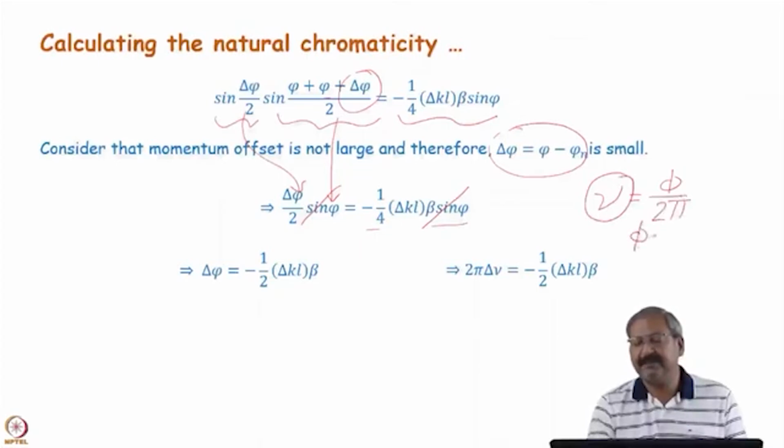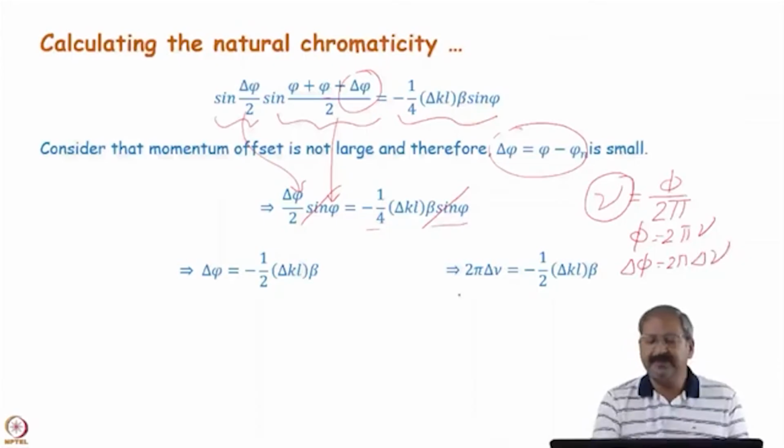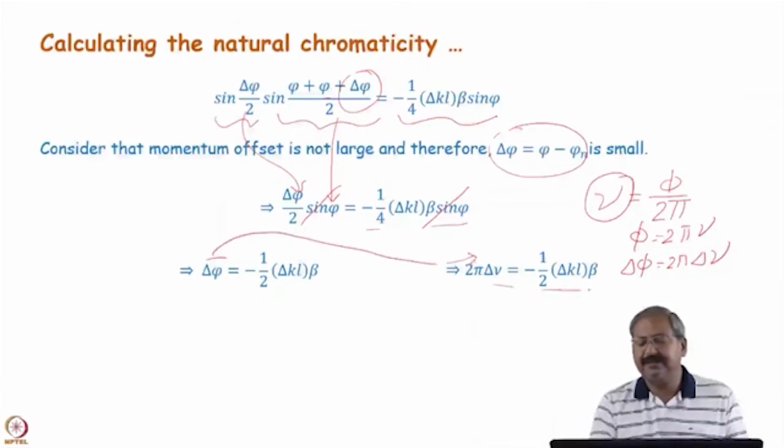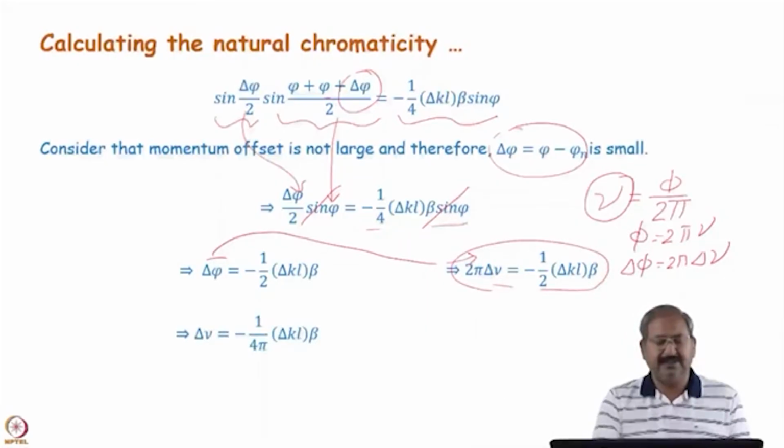So phi can be written as 2 pi mu, and delta phi can be written as 2 pi delta mu. So this is written here, and using this equation you can get delta mu. So the change in betatron tune is beta at that location multiplied by the change in strength.